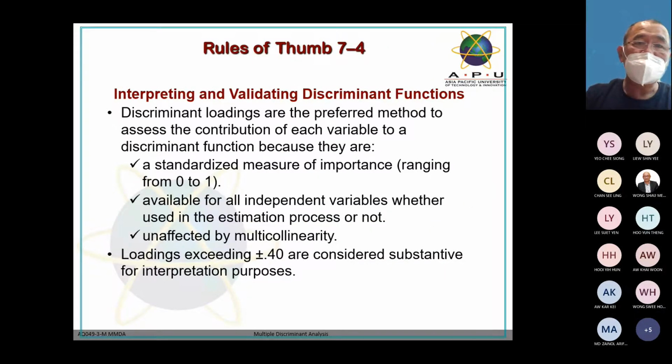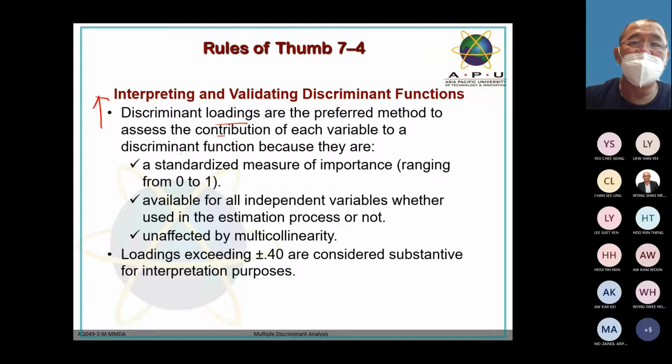So let's see a bit more concept. Discriminant loadings are the preferred method to assess the contribution of each variable to a discriminant function. Therefore the higher, the contribution to the function will be more. You can also think of this like the correlation.